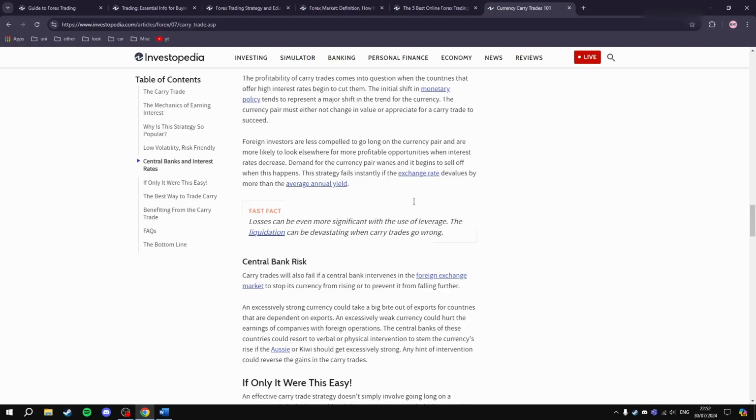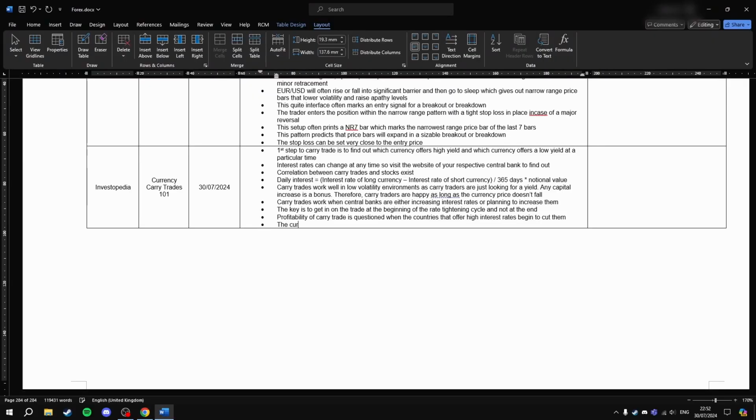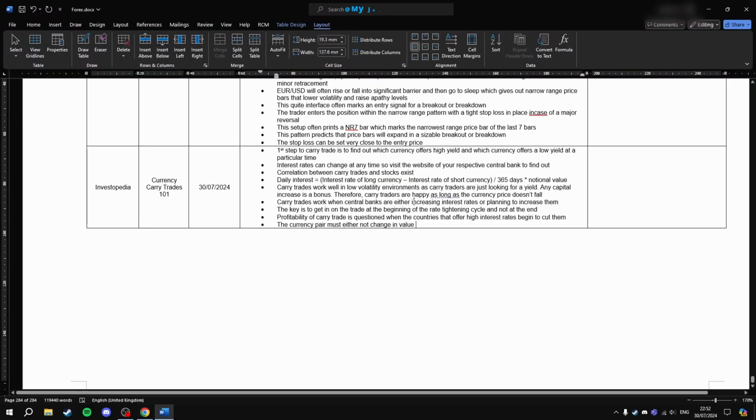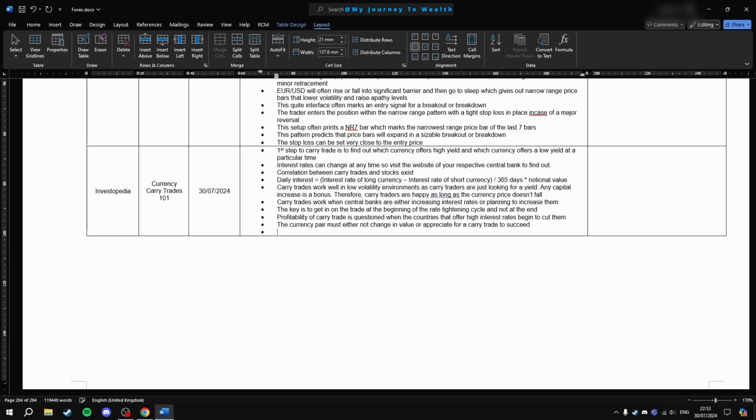The currency pair must either not change in value or appreciate, so go up in value, for a carry trade to succeed.